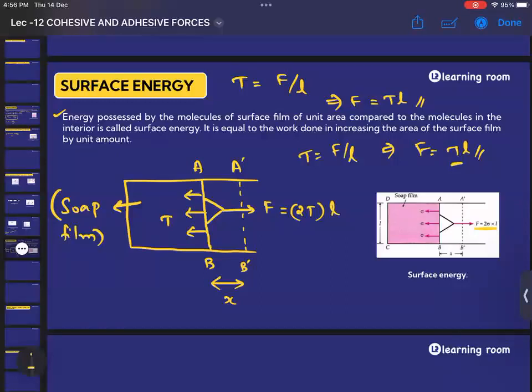So can you all first make a note of the first sentence alone? Don't write completely. First sentence alone, write it down. While writing, please concentrate. Energy possessed by the molecules of surface film of unit area compared to the molecules in the interior is called surface energy.